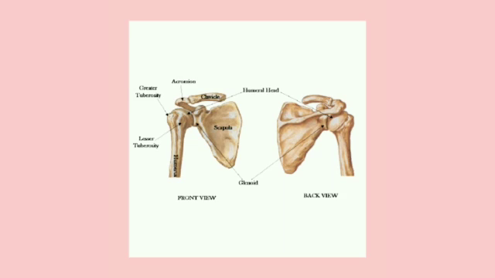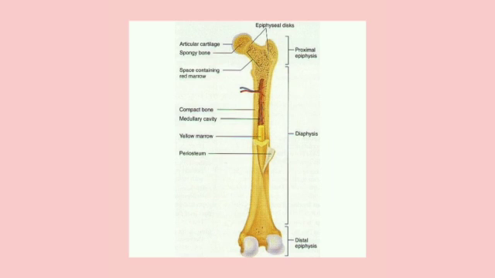Next, the vertebral column. Touch your back and you can feel some bubble-like bumps going up and down. That is the vertebral column, which we call the backbone, spine, or spinal column. We have 33 bones in the vertebral column, which we call vertebrae.